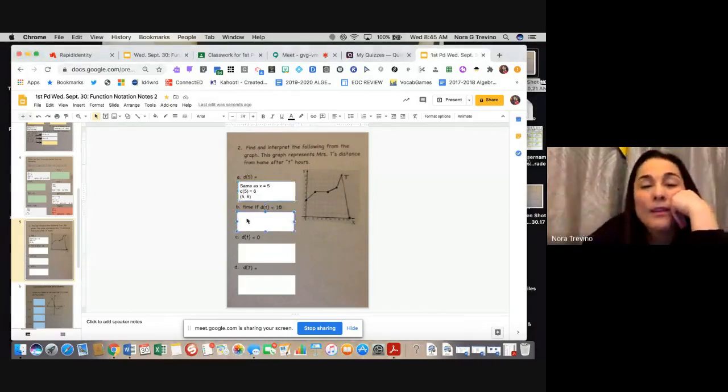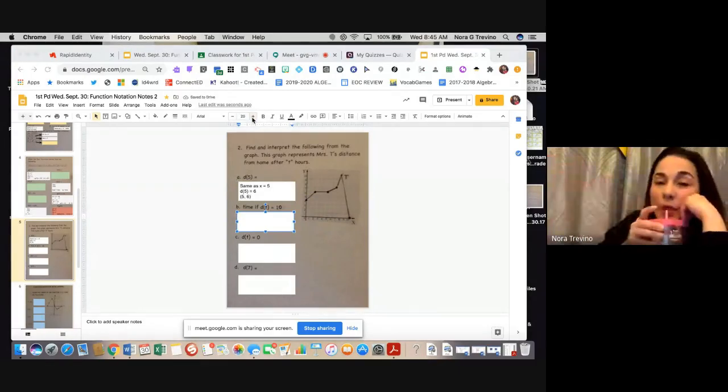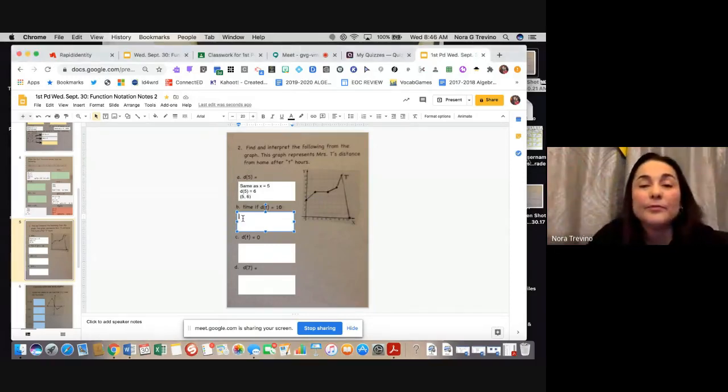Okay. Now, what is this the same as? If it says d of t equals 10. What is this the same as? It's not x because it's not inside the parentheses.